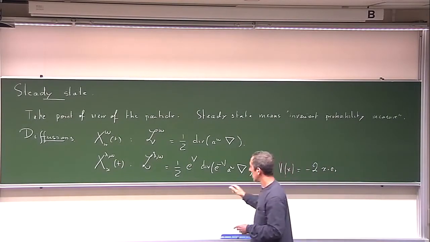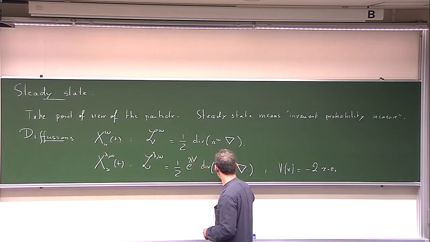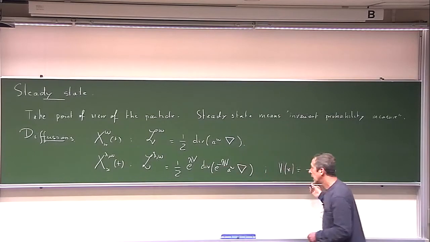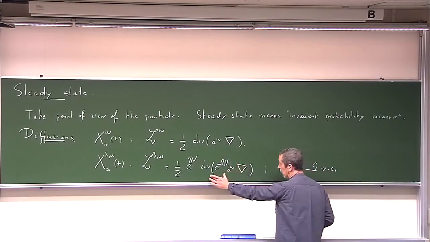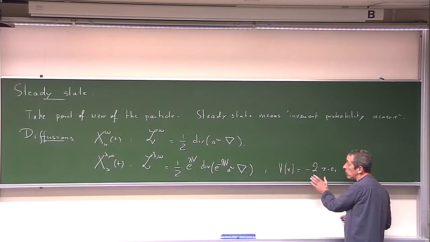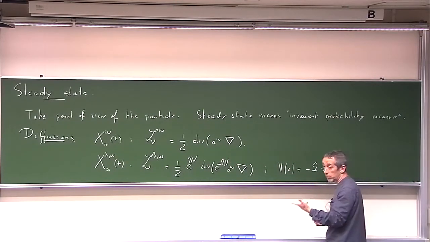So I forgot the lambda. I should put the lambda somewhere. Maybe we can put it here. Okay. And when you have such a generator and you construct this one, then it actually corresponds to a constant force.